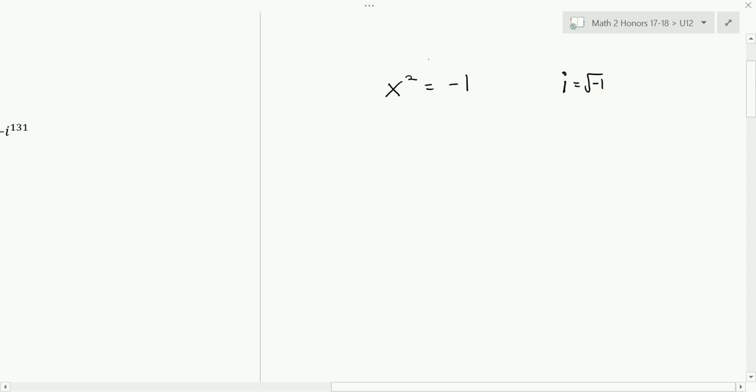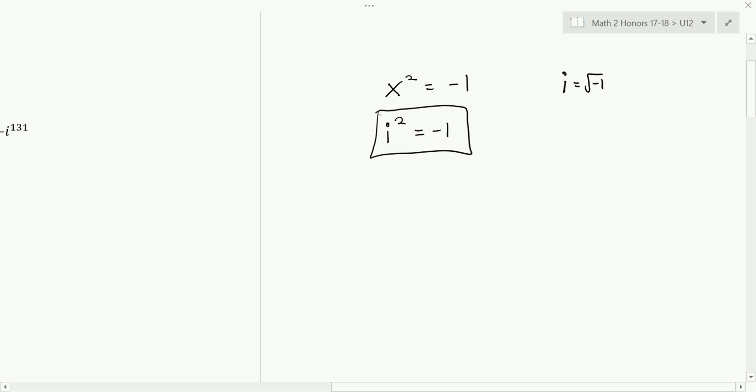But don't forget, it's the solution to this problem. So what's i squared? Negative 1. And so that's the key to getting rid of exponents with i. So i squared equals negative 1. You want to remember that.